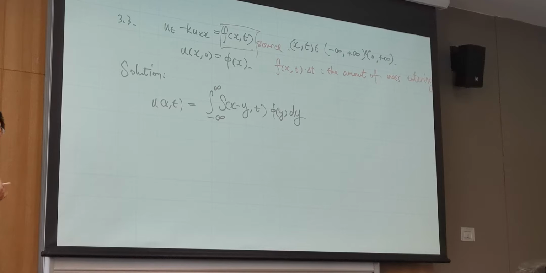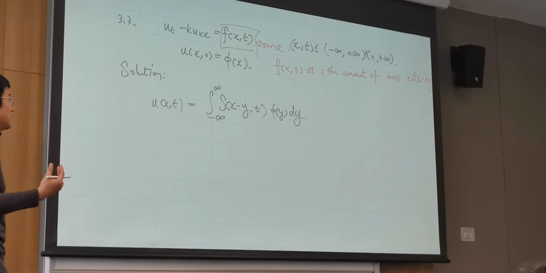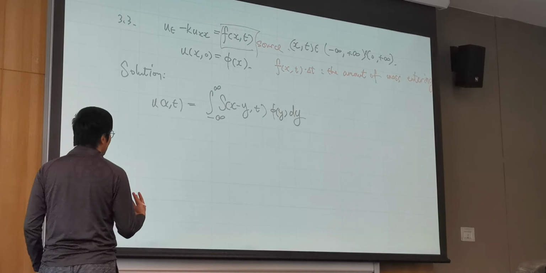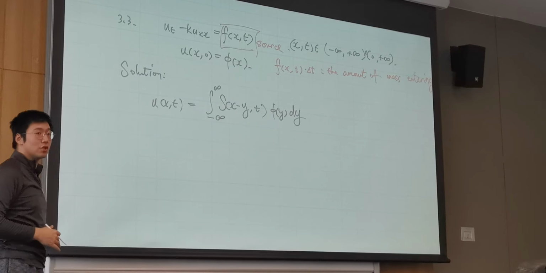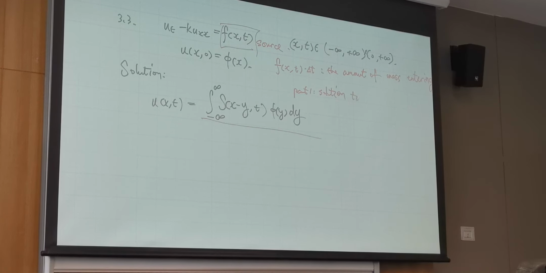Homogeneous equation just means that the right hand side is 0, f is 0. This is part one, the solution to the homogeneous equation.